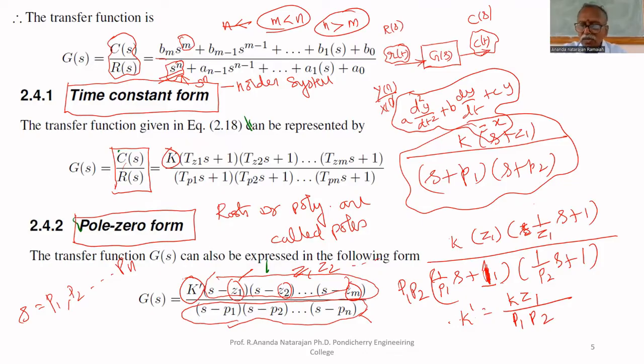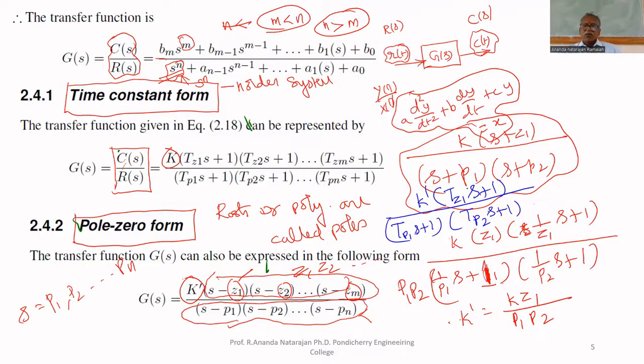Therefore, K dash equal to K Z1 upon P1 P2, and the transfer function becomes K dash times T Z1 S plus 1 upon T P1 S plus 1 multiplied by T P2 S plus 1.